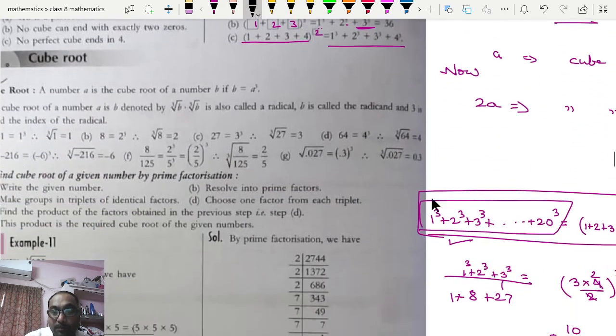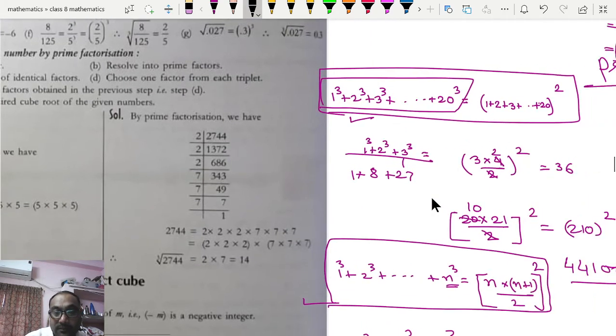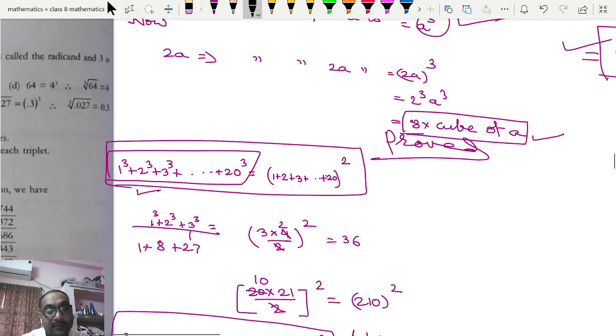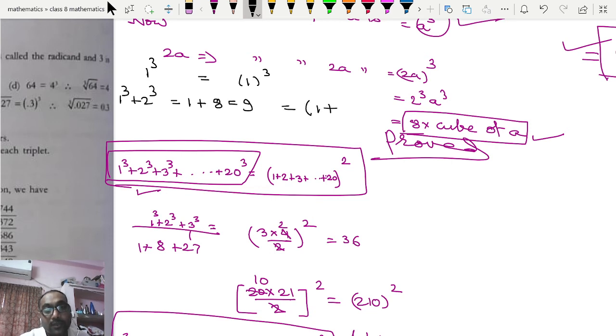One more pattern I want to add. See, the pattern is, if you write 1 cube, you can say 1 whole cube. If I am saying 1 cube plus 2 cube, it is 1 plus 8, that is 9. Or simply you can write (1 plus 2) whole square.